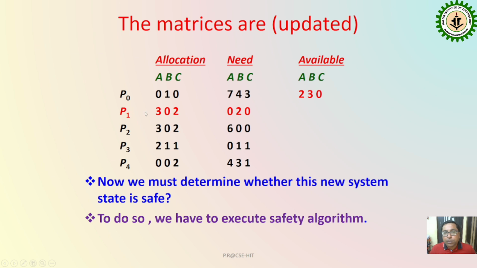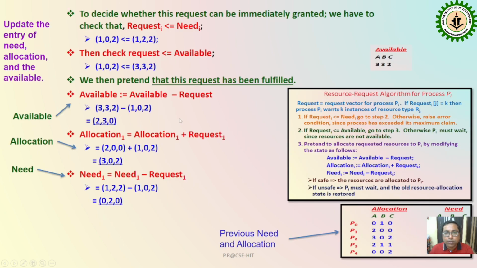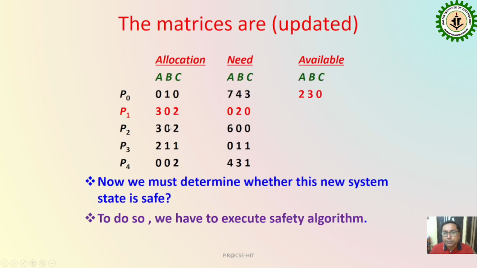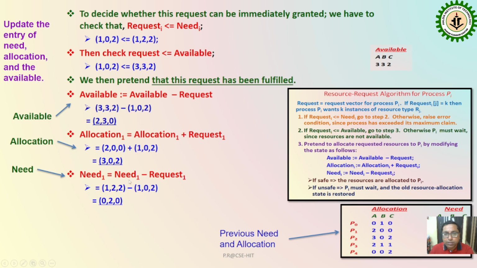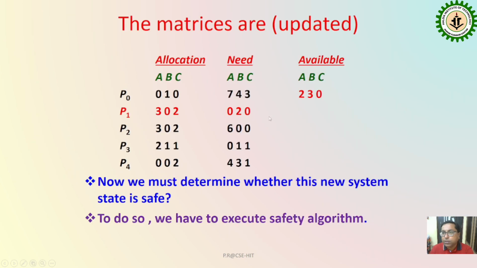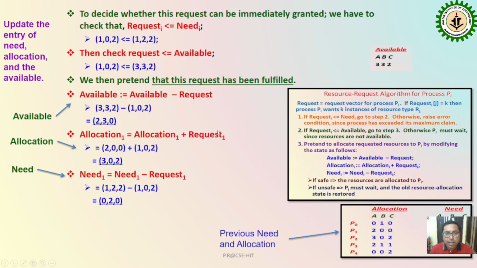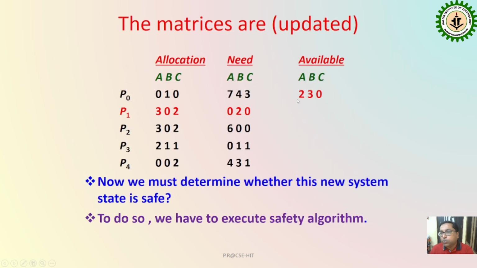Look here. For the additional request of P1, we are updating the entry for the allocation, which is now 302. I am writing it here. Need is 020. And the new Available is 230.